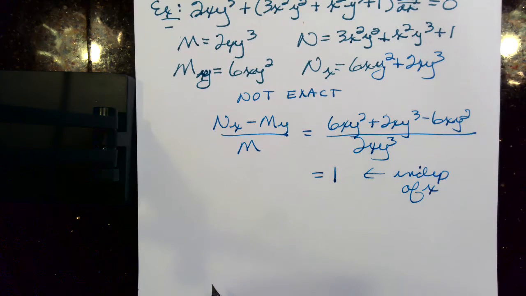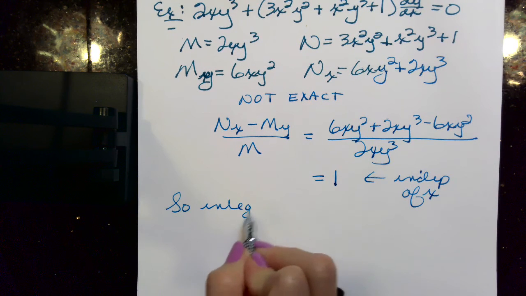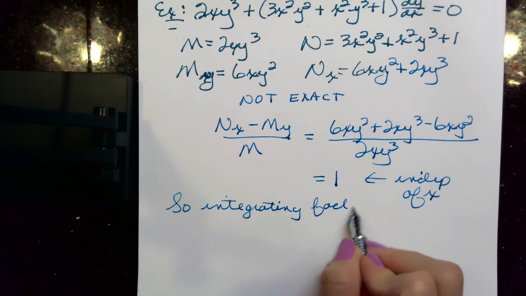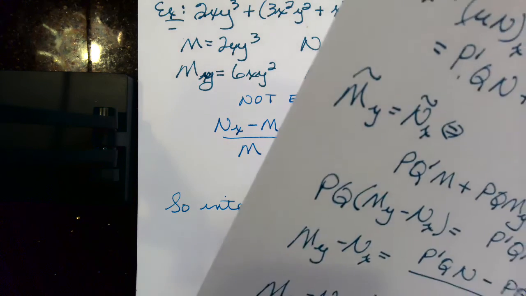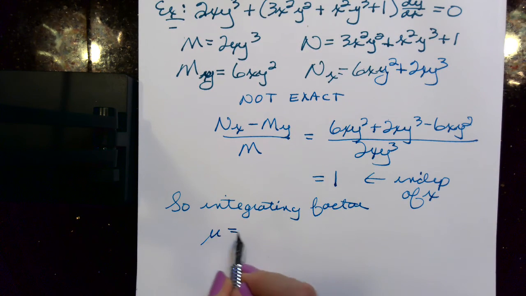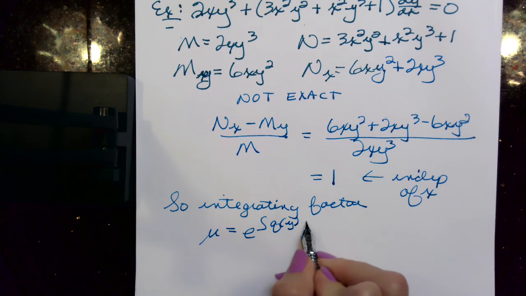Okay, so that tells us that the integrating factor, if you look back in that case, that'll tell you that the integrating factor mu is equal to e to the integral q, little q of y dy.